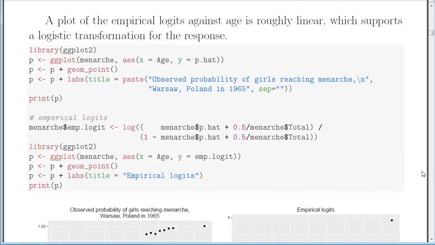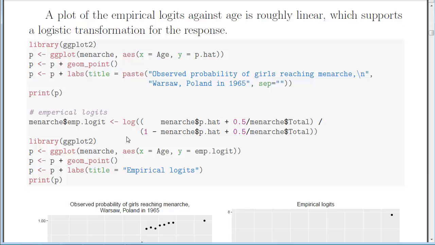All right. So now we've got all of our empirical logits defined. And so here I'm going to calculate the log of, and I've done something here with my parentheses to make this a little easier for me to read. I've got this first fraction, which is p hat plus that correction factor, 1/2 divided by the total, divided by 1 minus that success probability with the empirical logit factor, and then taking the natural log.